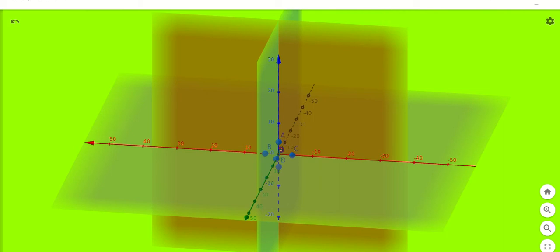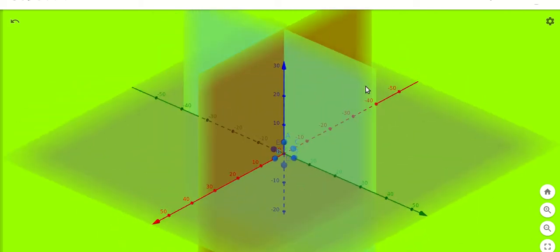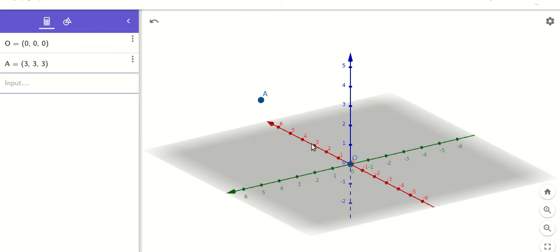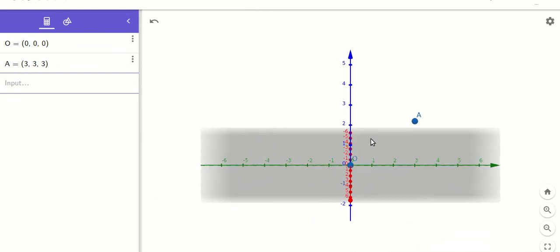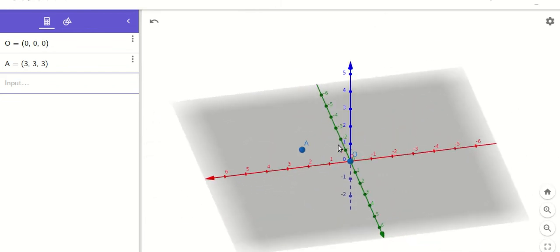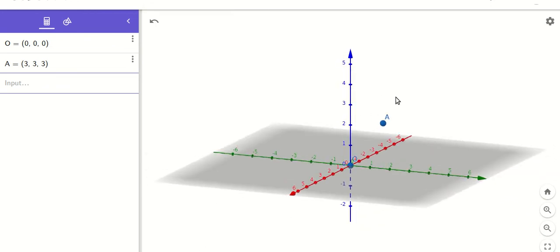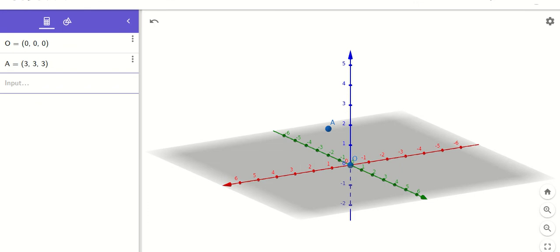So let's have a look at the vector representation, that is called the position vector. We have discussed the point here in 3 dimensions, that is in the first quadrant. Let's look at the quadrants first, and then we can see the points in different quadrants.